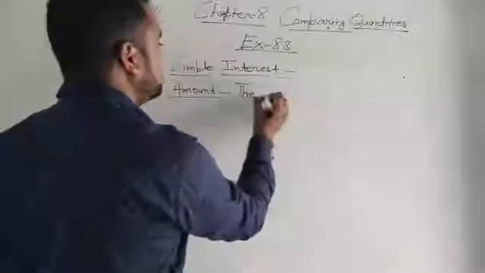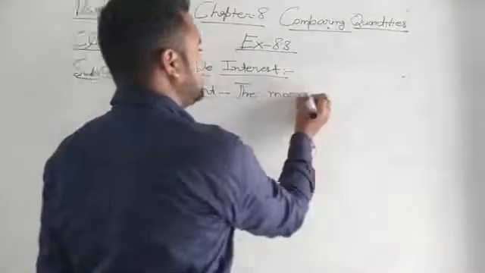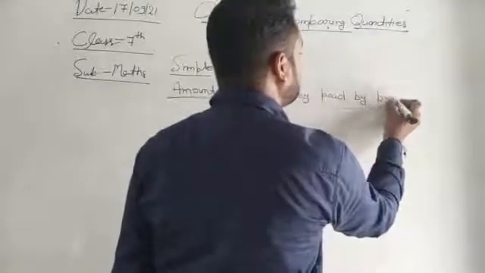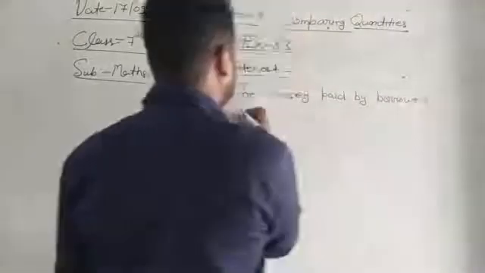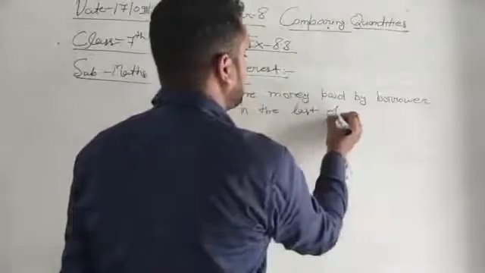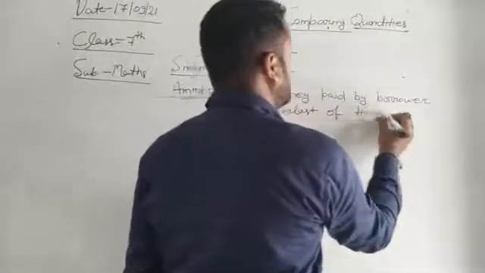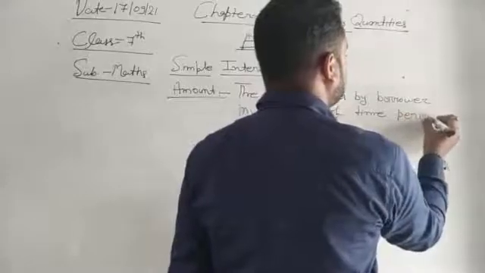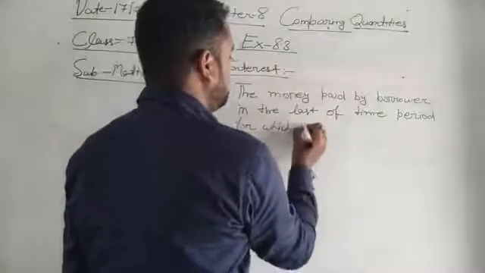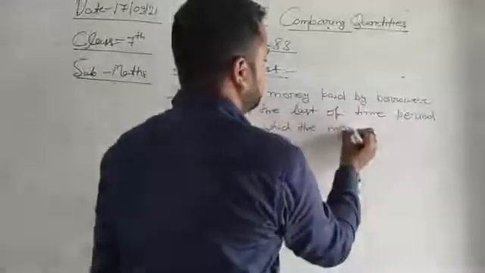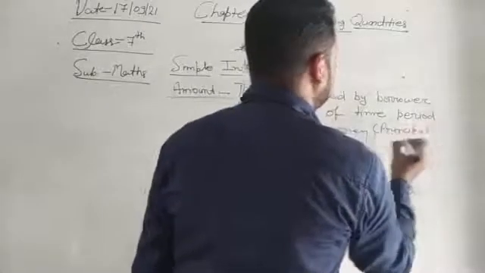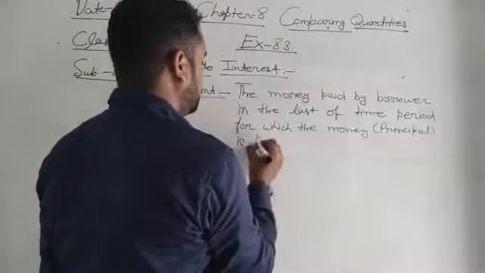Amount is the money paid by the borrower in the last of the time period for which the money or principal is borrowed.